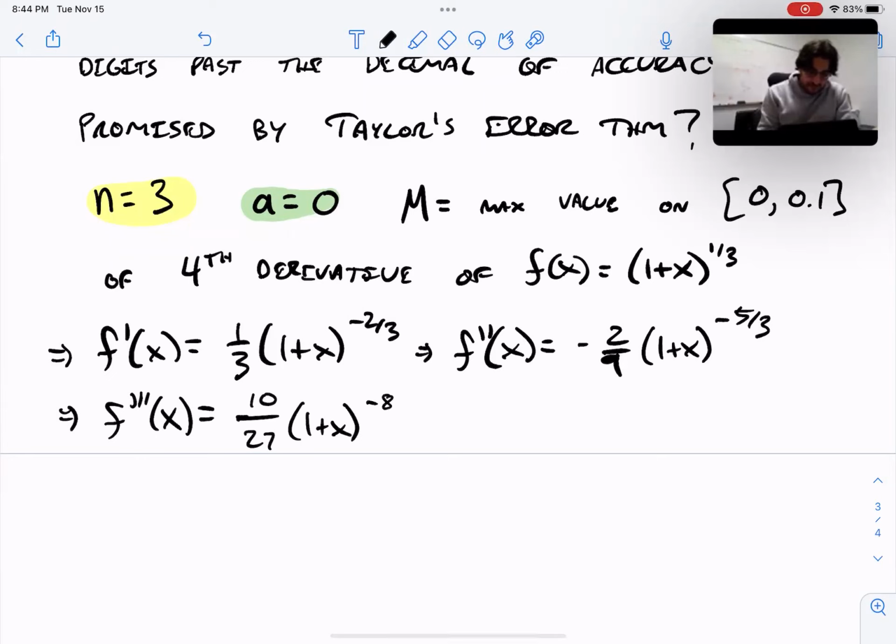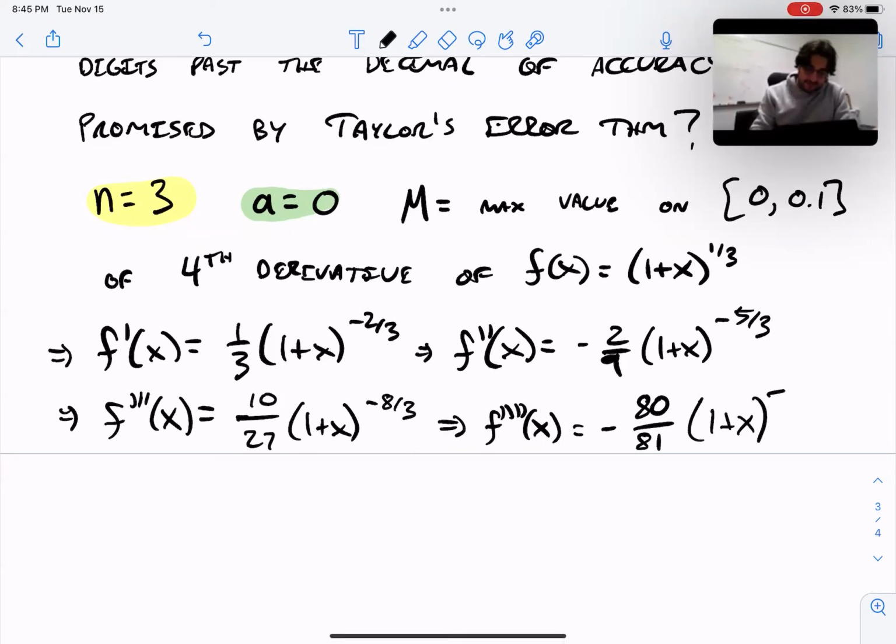And finally, the fourth derivative. So we get negative 80 over 81, 1 plus x to the negative 11/3. There we go. So there's our fourth derivative.